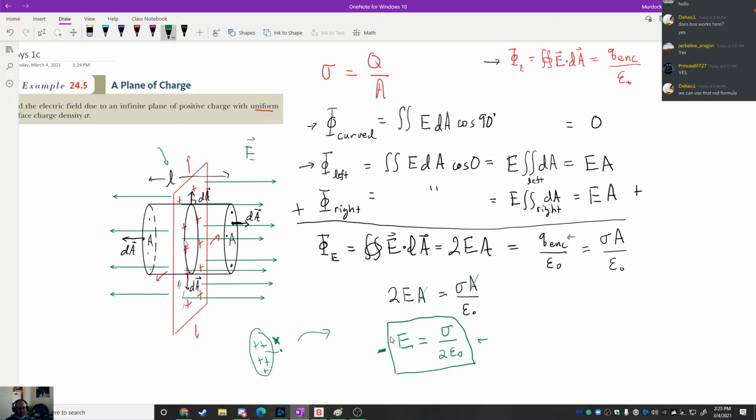How can it be that if you're really far away from this thing or if you're really close to it, you still get the same answer? What is it about the geometry of this problem that makes that work? Is it because they're parallel? No, I don't think so. Again, they're parallel because it's uniform. So you got to come up with.